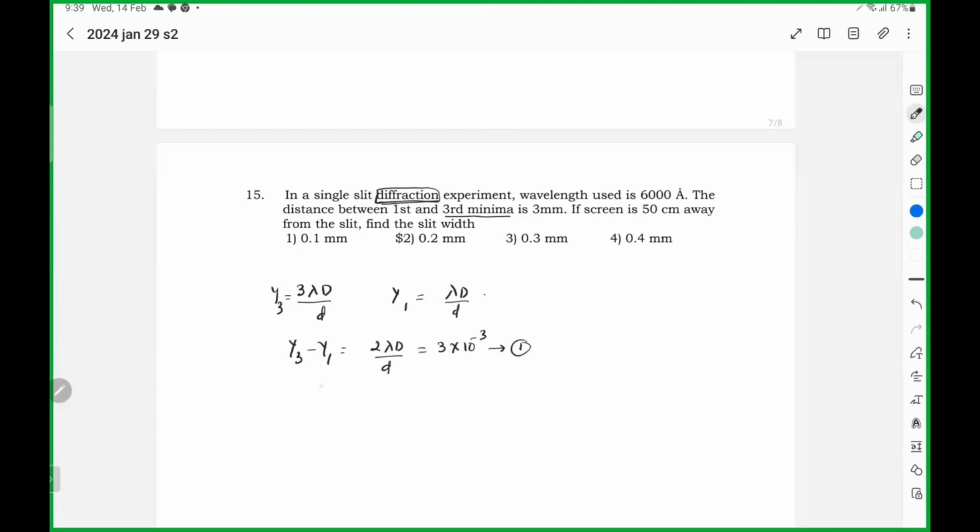He has given the lambda value 6,000 angstrom units, and what else has he given? Capital D he has given.